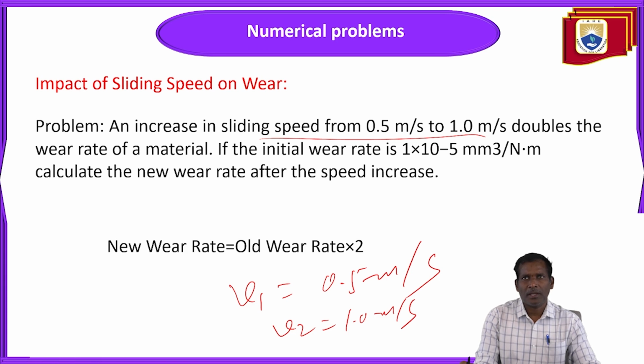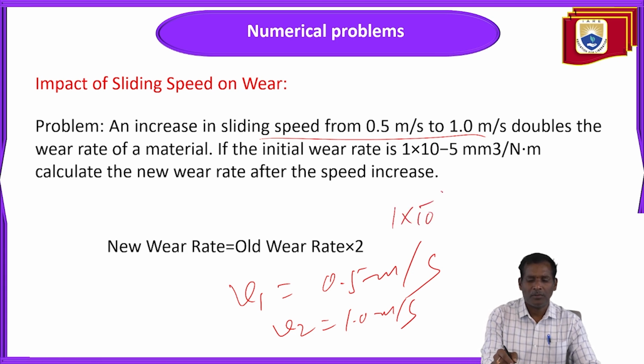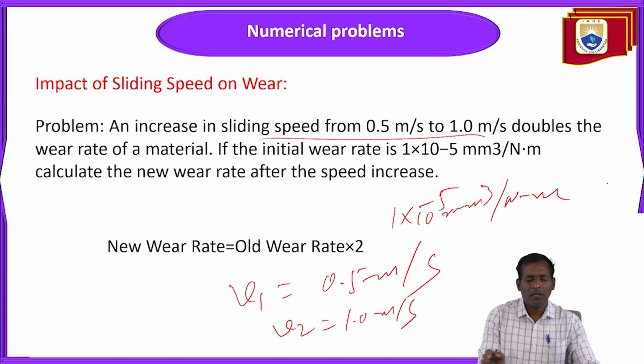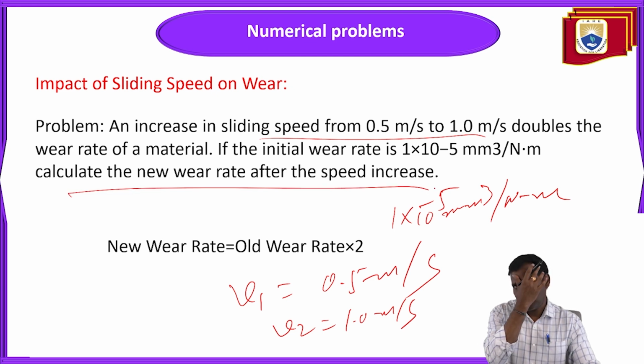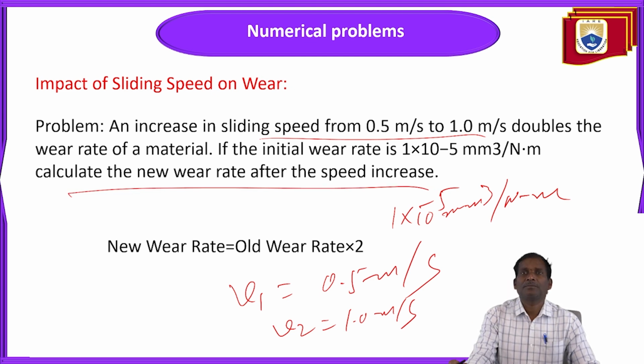If the initial wear rate is 1 into 10 to the power minus 5 mm cube per newton meter, calculate the new wear rate after the speed increase.